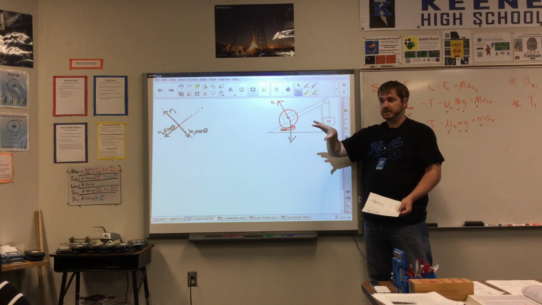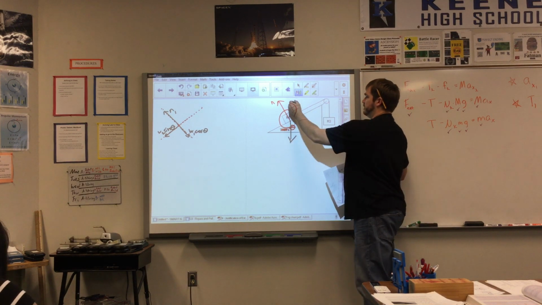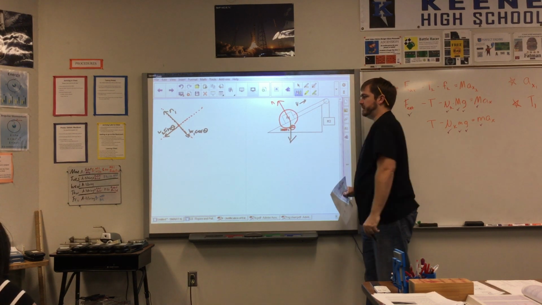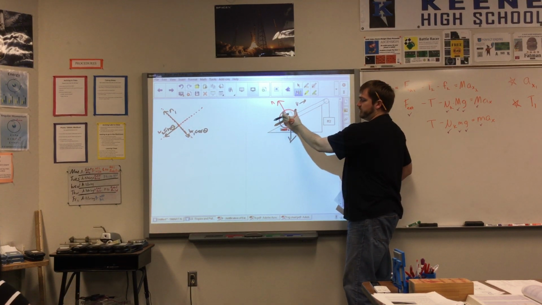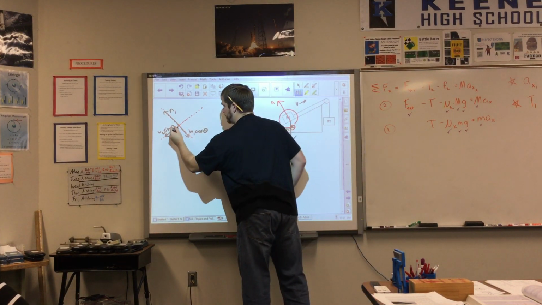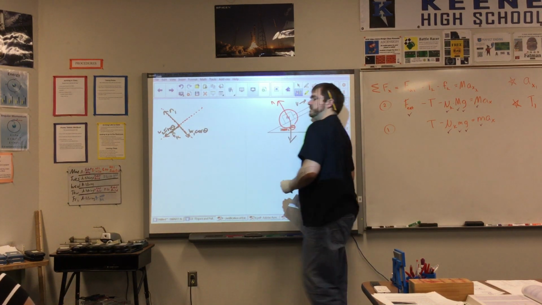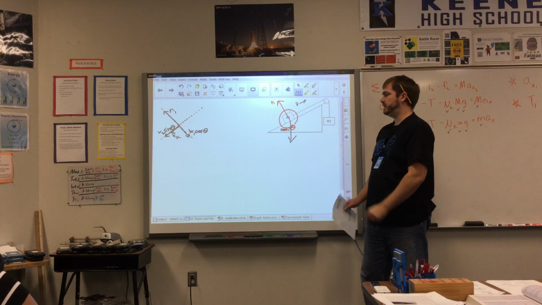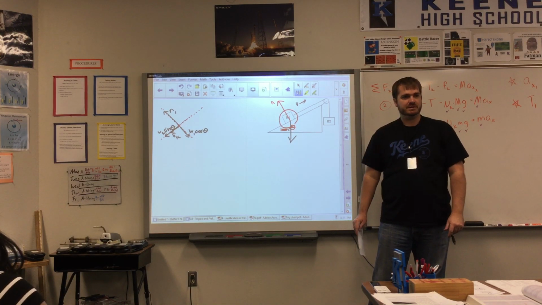That's not a guarantee. There could be enough friction to fight it, but we'll just say that right now the velocity is in that direction. So since object 1 is moving to the right, the friction force is moving to the left. Kinetic friction there.